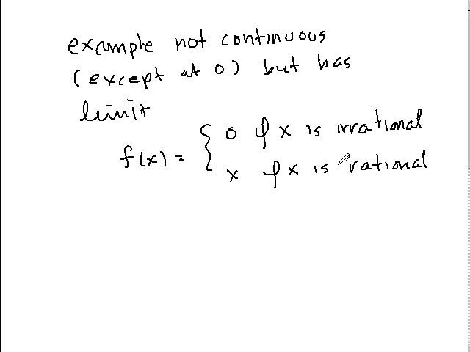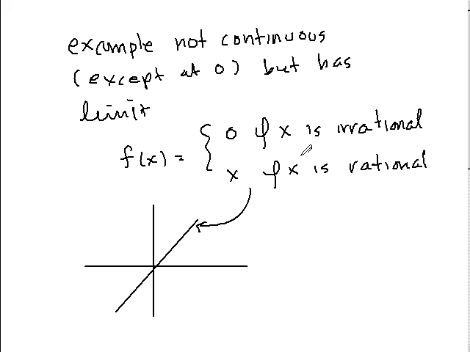So what is the graph of this? Can you graph this? Well, I'm not very good at graphing the rational numbers. There's a lot of them. But you can see what's happening is the following. For all of the rational numbers, I've got this graph.